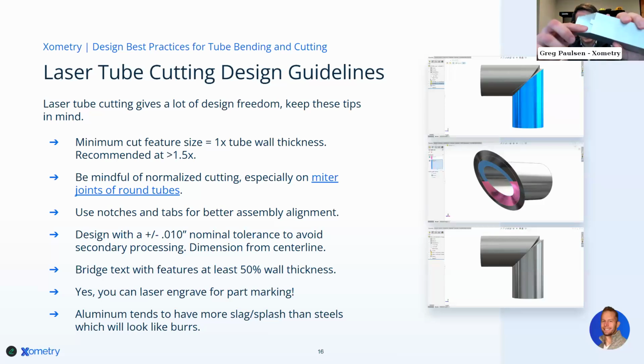When you're lasing through, you can feel usually on the inner surface as the laser's piercing through. It may have a rougher feel. You can actually kind of see a little bit of that roughness right there, because aluminum is so thermally conductive. It'll gum up, where steels and materials that are less thermally conductive have a cleaner cut by nature.